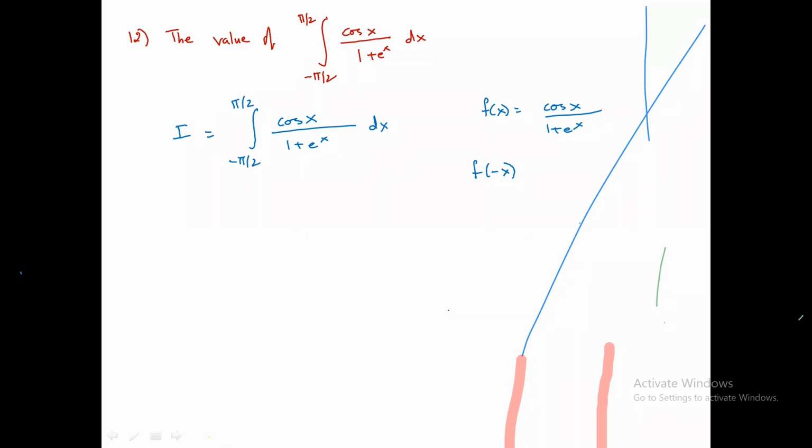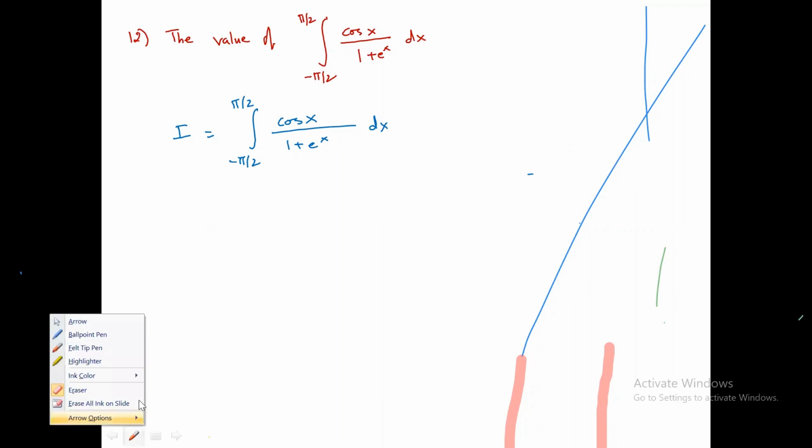I want to see whether it is an even function or odd function. So cos of minus x, 1 plus e power minus x. With this I can say it is neither even nor odd. So this theory is not working. Finding even odd is simply a waste. This will not help me at all.